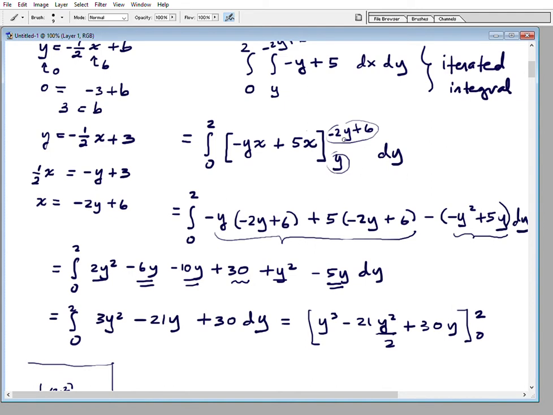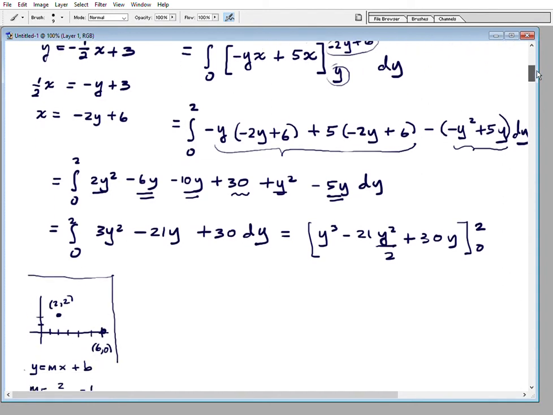So we were busy substituting in for x. First this, minus, substitute in this. So that's all that. And we have to simplify like terms, and then finally we get this. And finally we're up to the last stage where we substitute in. First 2, we have 8, minus 21 times 4 over 2, plus 30 times 2, that's 60.